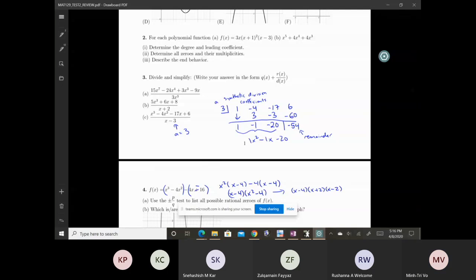But B is missing a term, right? Because it goes x cubed, and then goes straight down to x. So B is missing the x squared term. And so when it's missing some term, just put a 0 for the coefficient.